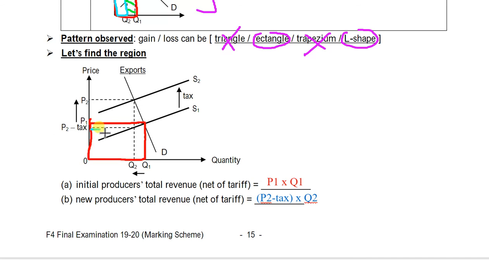Now we have this. If you compare the rectangles, obviously you have the L shape being the loss. So this part should be the loss. This is reasonable as we have tax. Producers should earn less, so this part should be the loss.